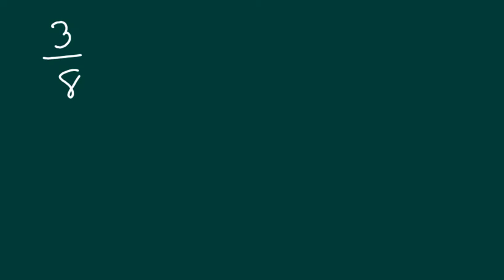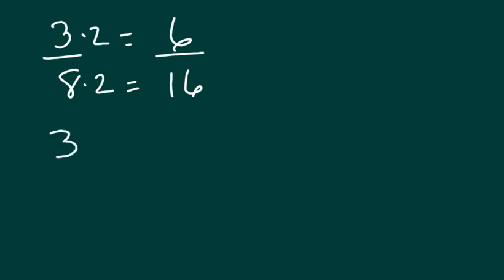If I want to make an equivalent fraction, I could multiply the top and the bottom by the same number. So I could say 3 times 2, well, that's 6, and 8 times 2, well, that's 16. So 3/8 and 6/16 are equivalent fractions.